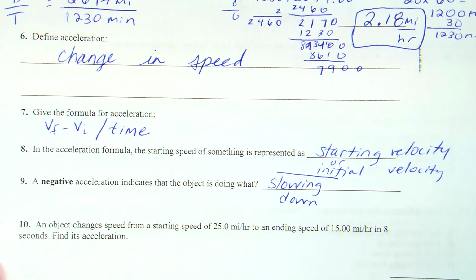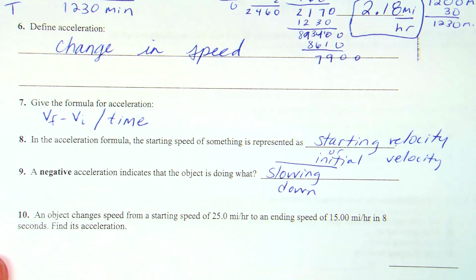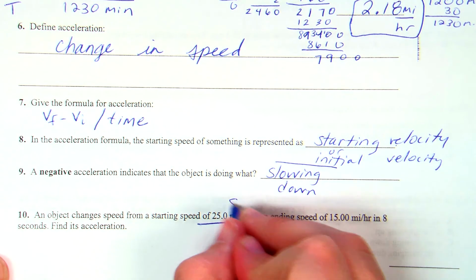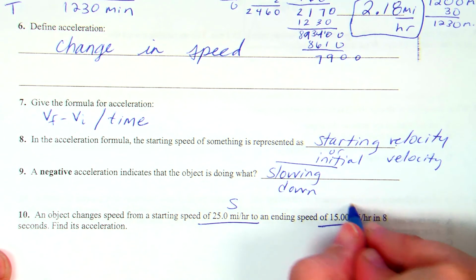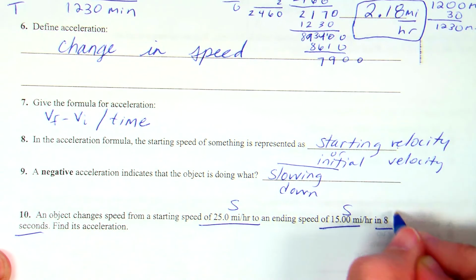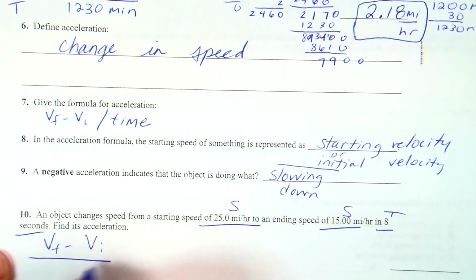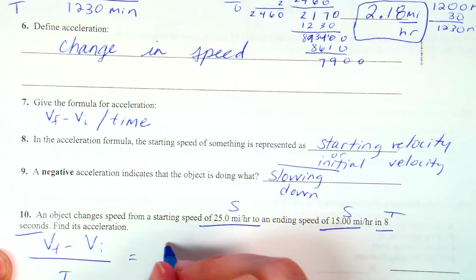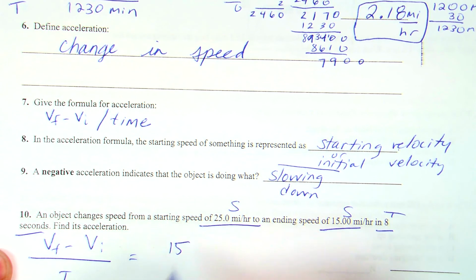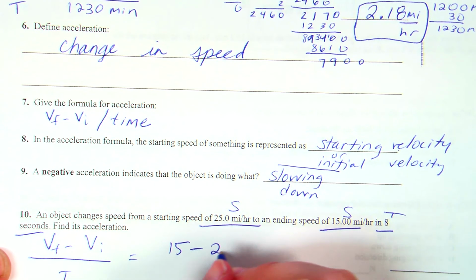An object changes speed from a starting speed of 25 miles an hour to a speed of 15 miles an hour in 8 seconds. Find its acceleration. So it ended at 15, so that's its final.